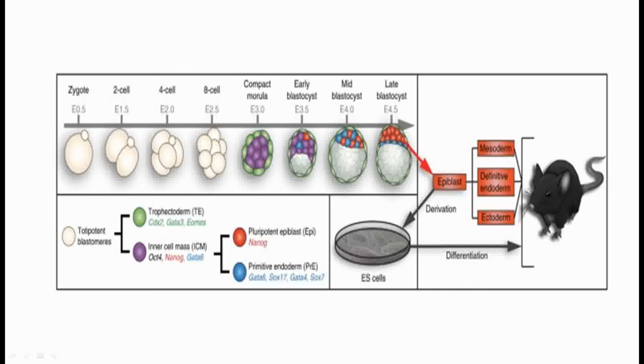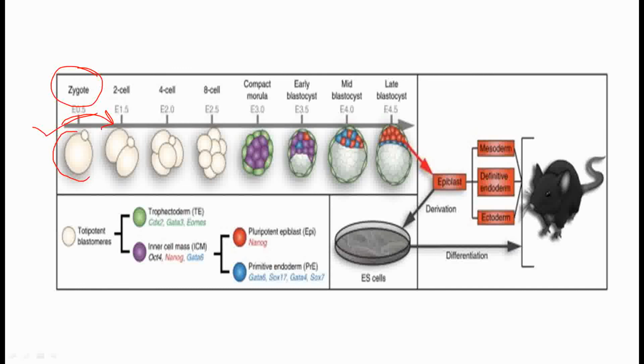Here in this particular diagram, you can see how these three germ layers are formed. These are stages. This is the zygote formed after the fusion of egg and sperm. This zygote undergoes the process of division.